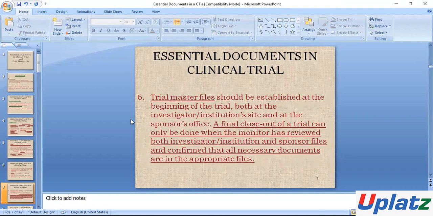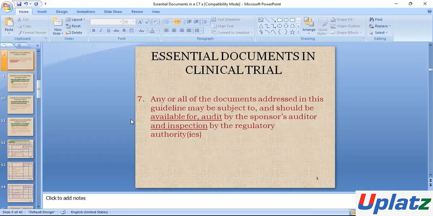The trial master file should be established at the beginning of the trial, both at the investigator or institution site and at the sponsor's office. A final closeout of the trial can only be done when the monitor has reviewed both investigator or institution and sponsor files and confirmed that all necessary documents are in the appropriate files.